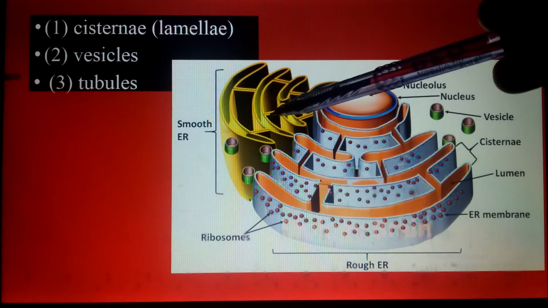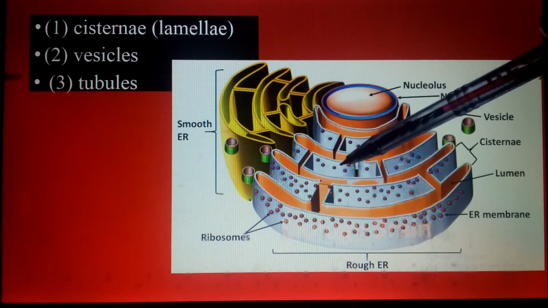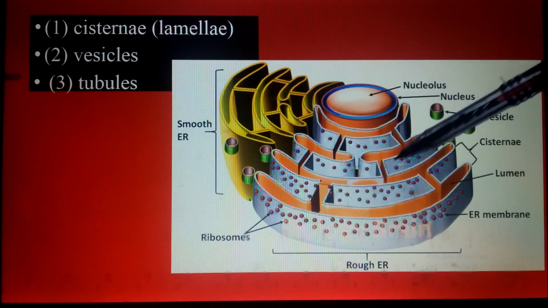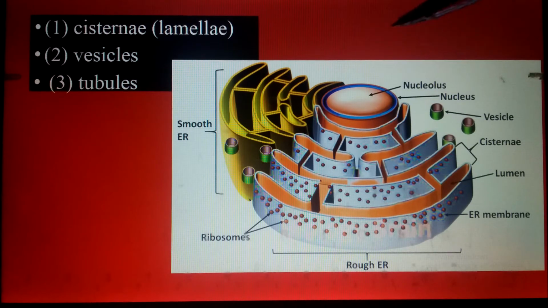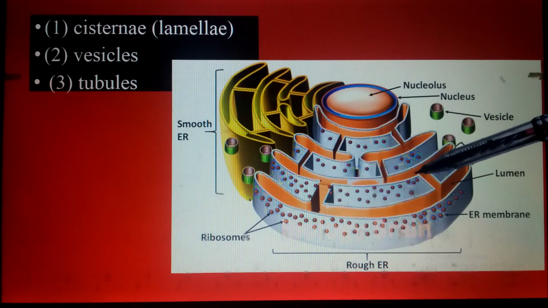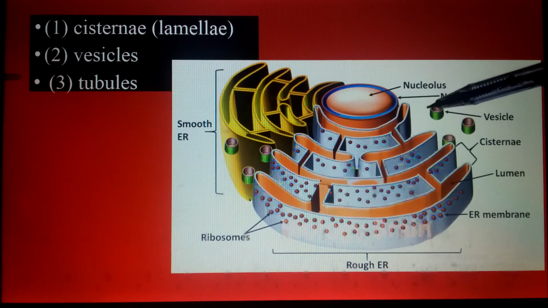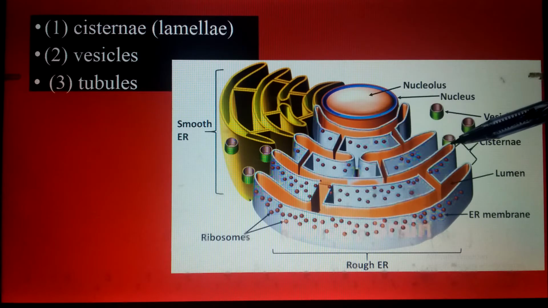So this is the smooth type endoplasmic reticulum, and this is the rough type. And these channels or canals are known as cisternae. The others, you can see here, the rounded spherical structures, are known as vesicles. These are also pinched off from the endoplasmic reticulum cisternae. And the third one is the tubule.